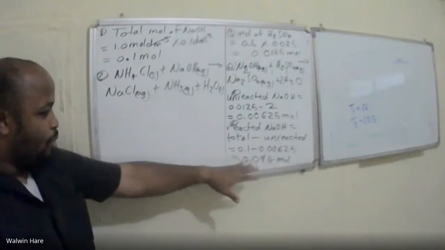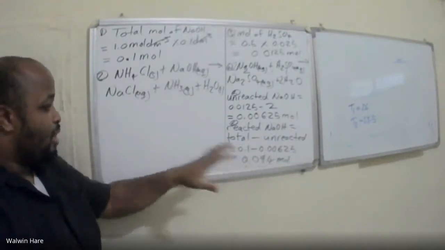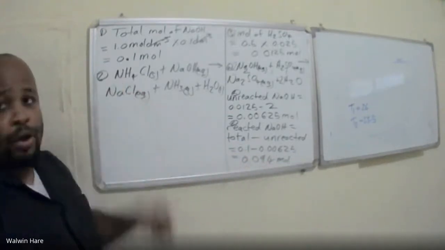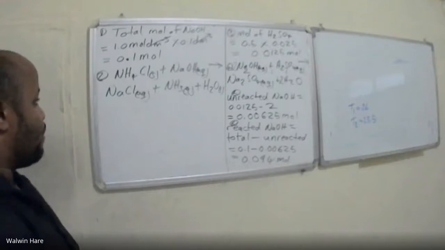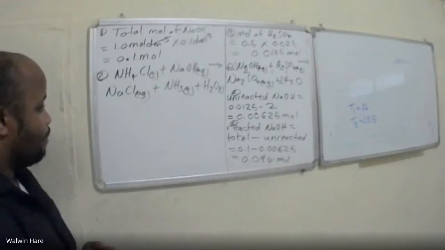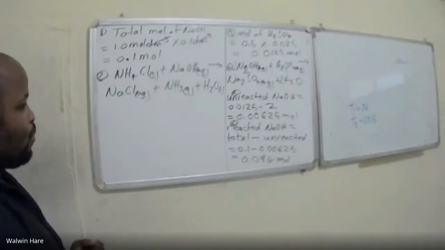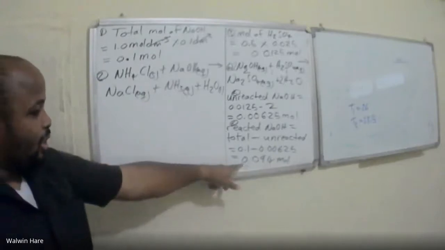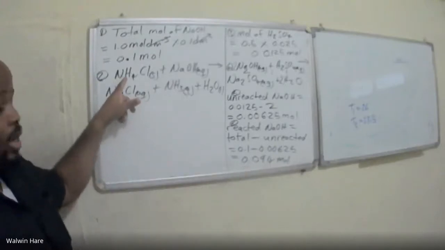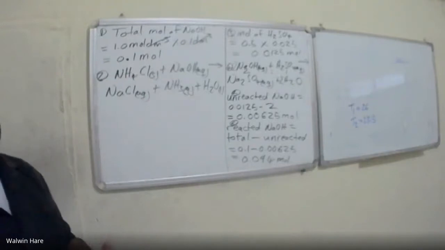So after we get the moles of sodium hydroxide that reacted with the ammonium chloride, what's the next step? What should happen?